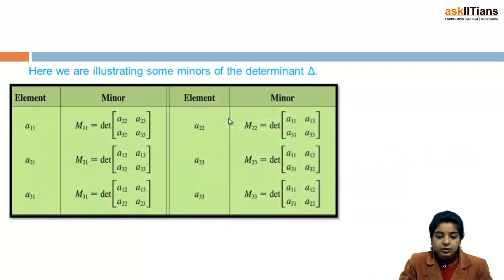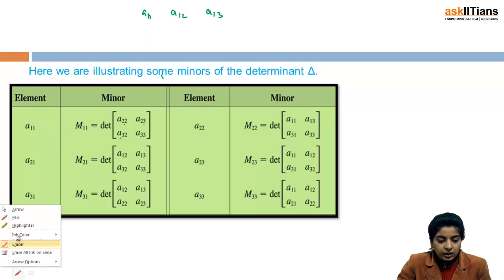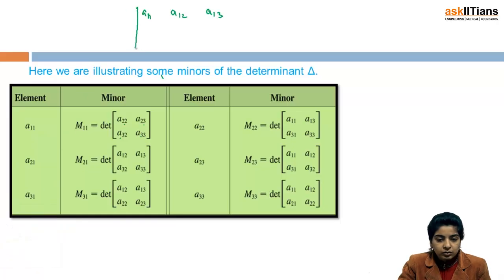So here this table is denoting the various minors as we have discussed. Minor of A11 would be equal to the determinant of A22, A23, A32, A33. By now you would have understood. This is the general determinant that I have: A11, A12, A13, A21, A22, A23 and A31, A32, A33.